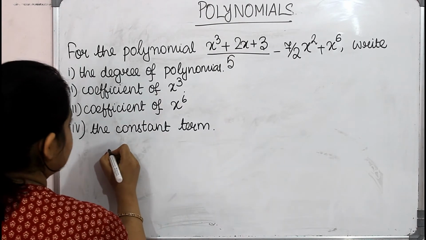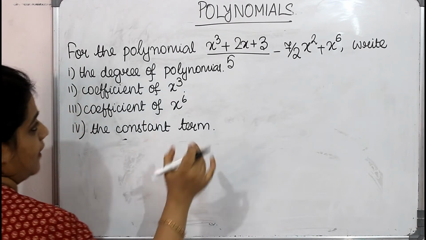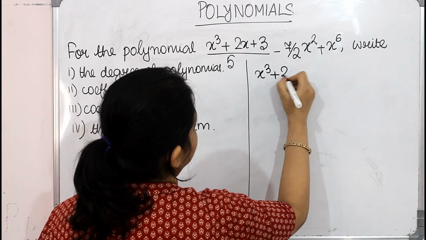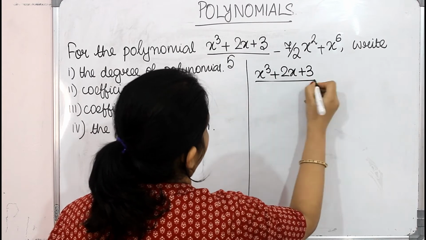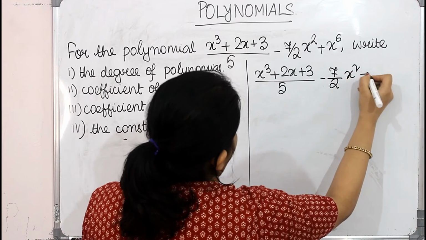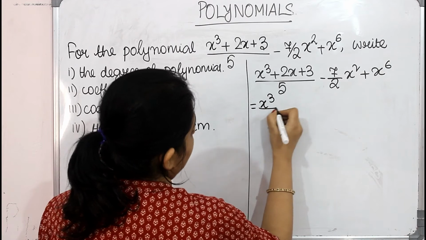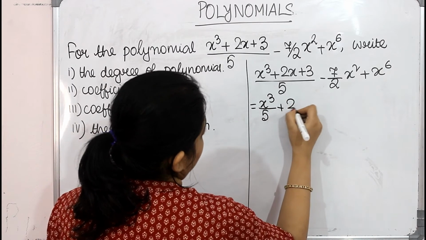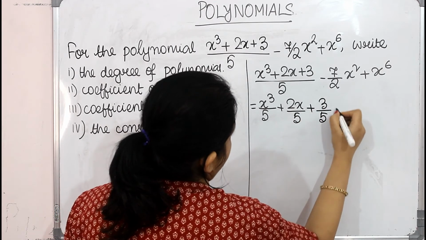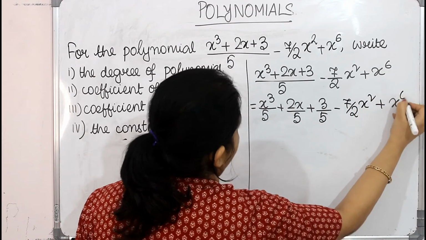So let us rewrite the expression: x³/5 + 2x/5 + 3/5 - (7/2)x² + x⁶.